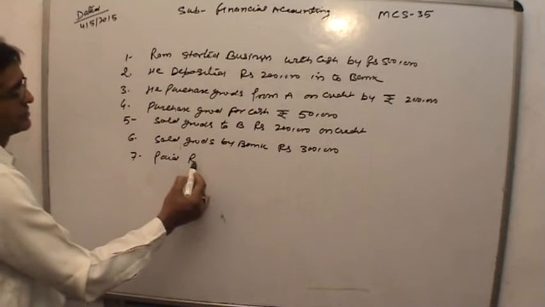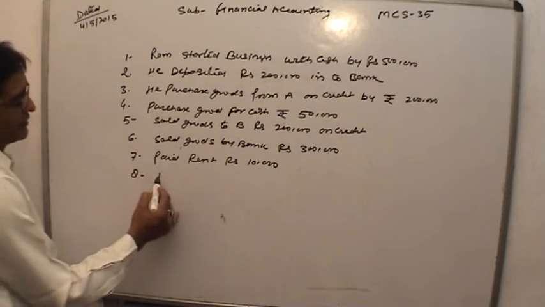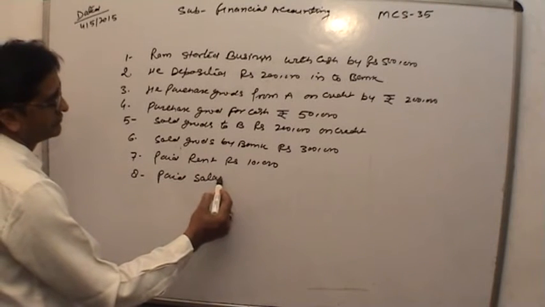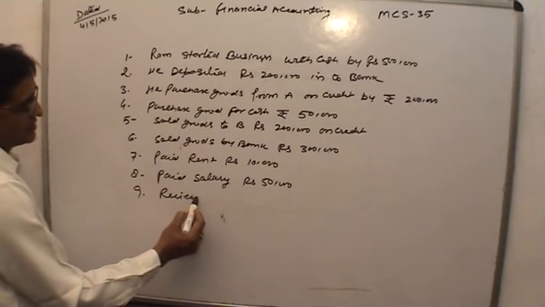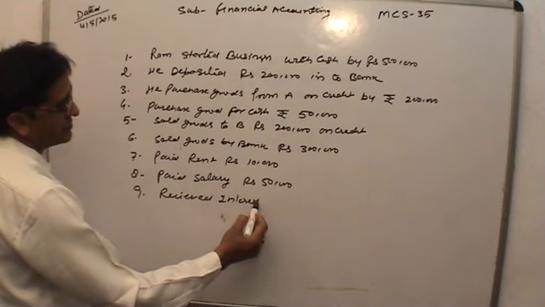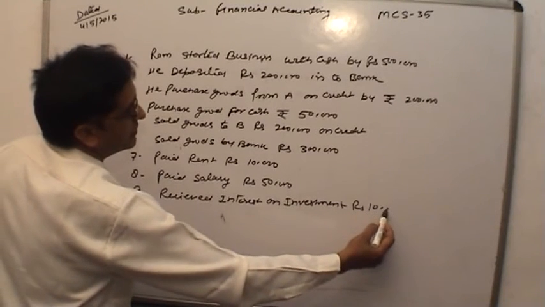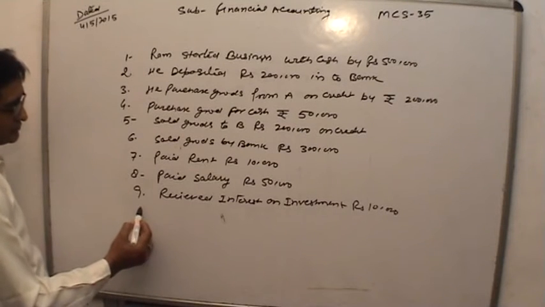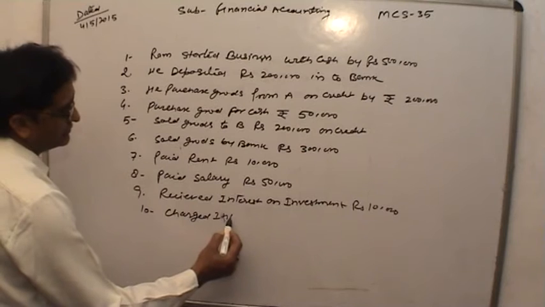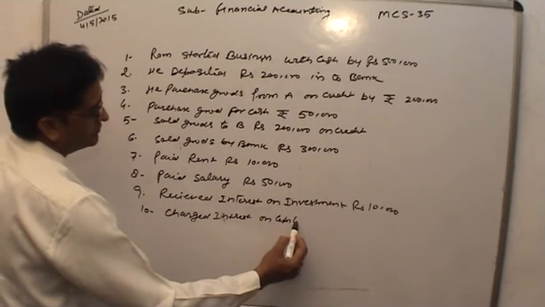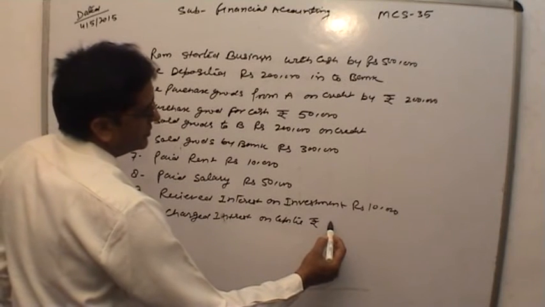Paid rent rupees 10,000, paid salary rupees 50,000, received interest on investment rupees 10,000, and charged interest on capital rupees 20,000.